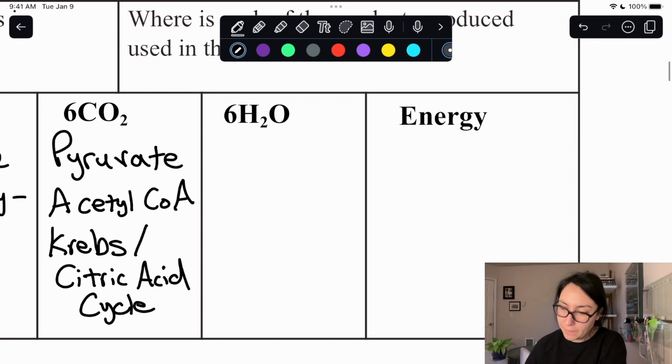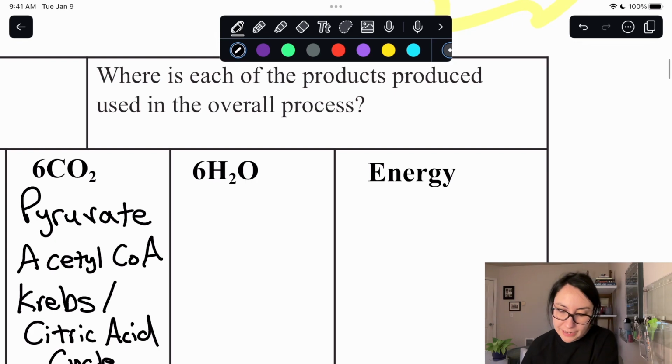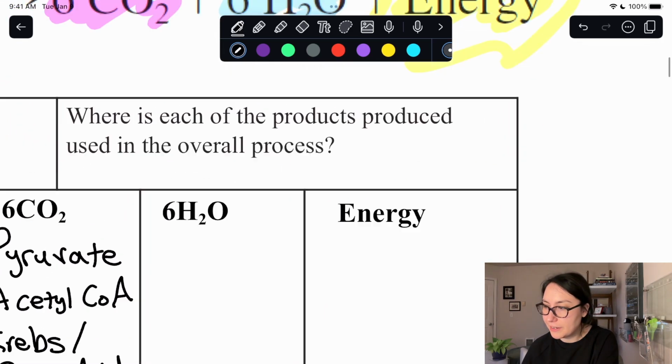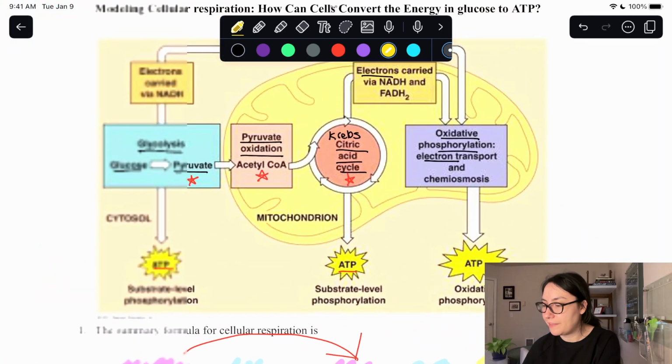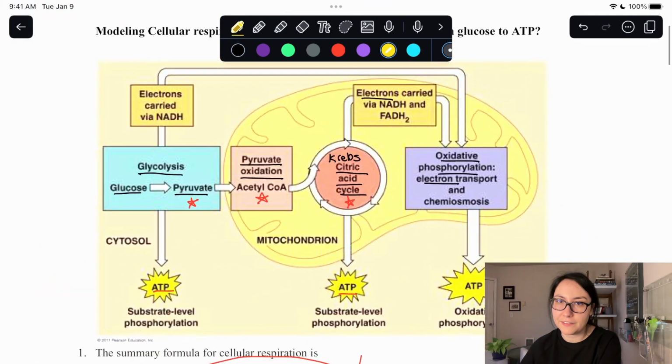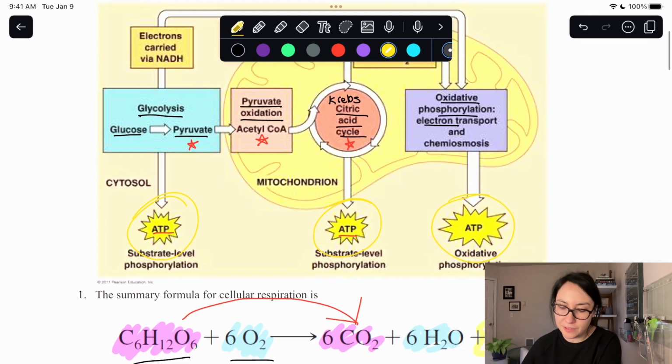Okay? So on that note, where do you find your energy? Your energy is the byproduct. So here's your yellow, right? Your energy is the byproduct of basically everything in this entire thing. So this is energy, this is energy, this is energy. ATP is energy. Adenosine triphosphate is energy.